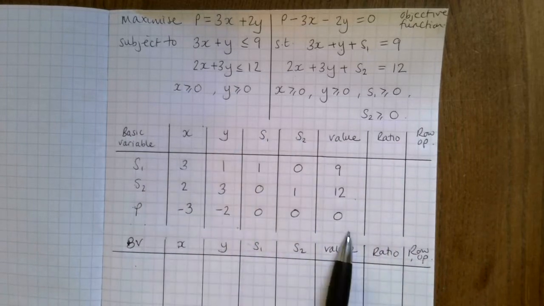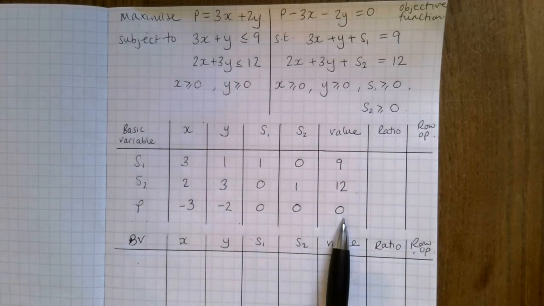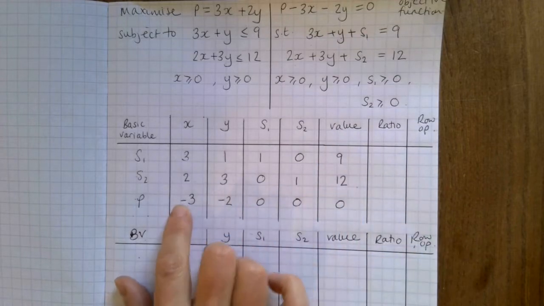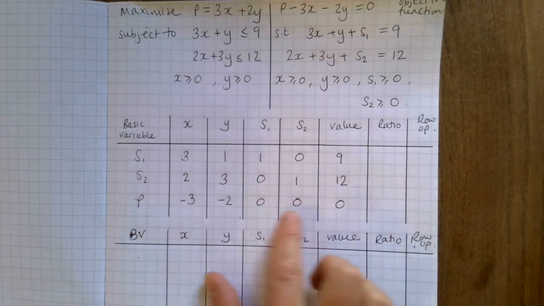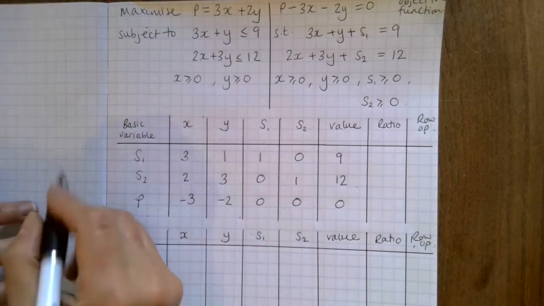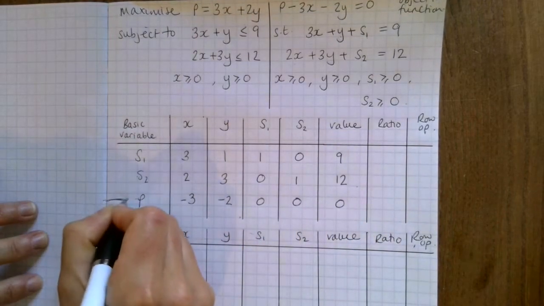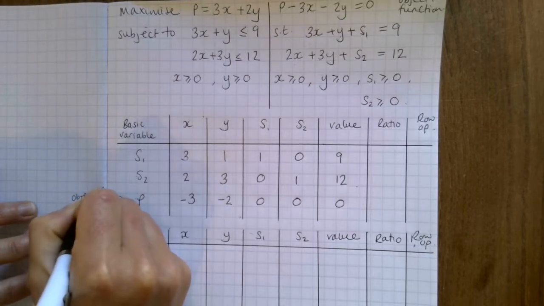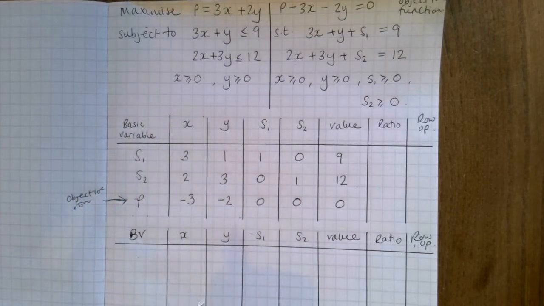The first step to the Simplex algorithm is identifying something called a pivot variable. So the first thing you do is look for the most negative number in your objective row. So this is our objective row, because that's got our objective function in it.